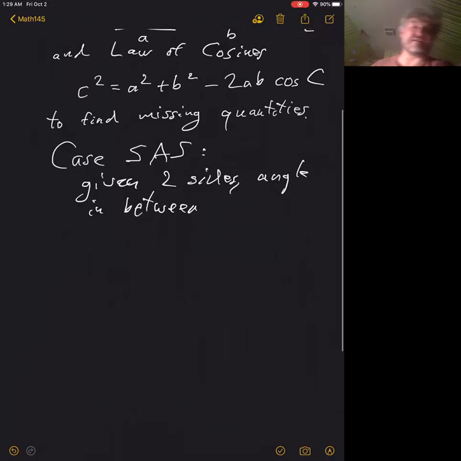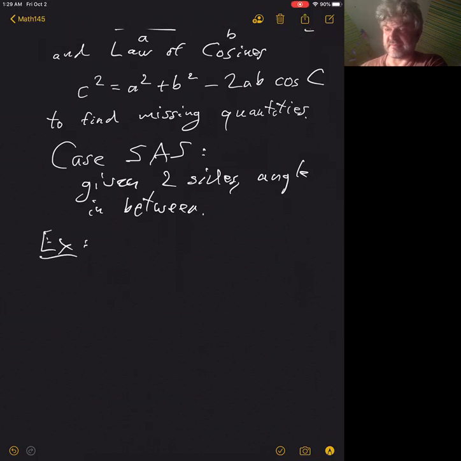How do we proceed here? So it's always standard labeling. The lowercase letters are the sides and they are opposite the vertices, and the uppercase letters are also used for the angles at those vertices.